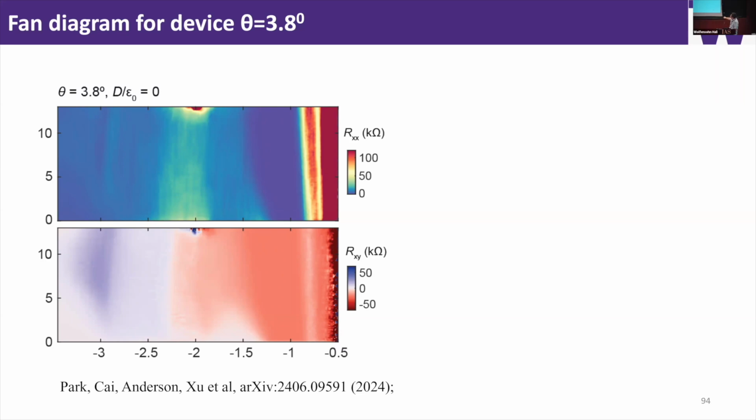With these data, you can see that we have this quantum anomalous Hall state here. We have this FCI state, and you see there's a suppressed RxX with a finite RxY here.